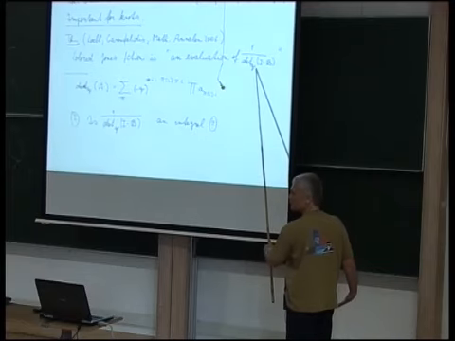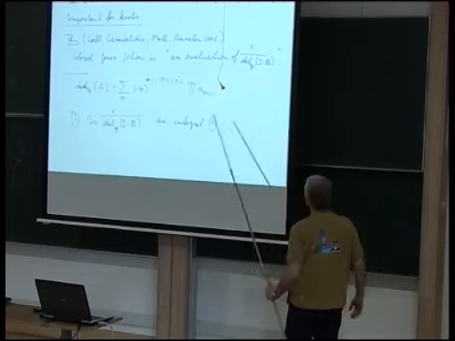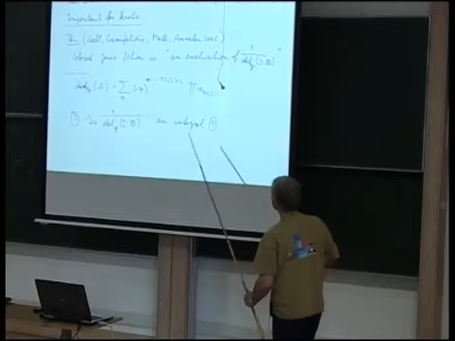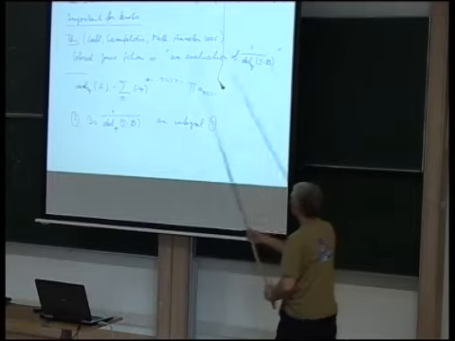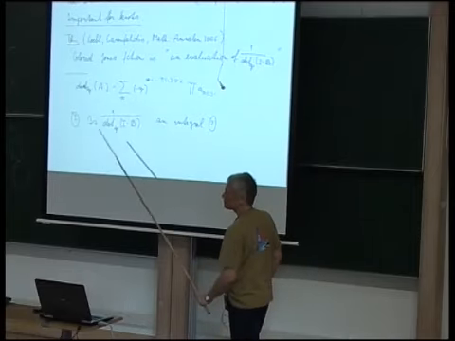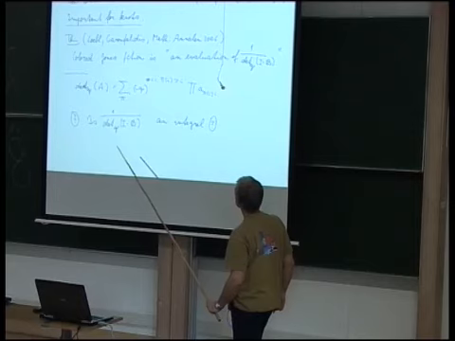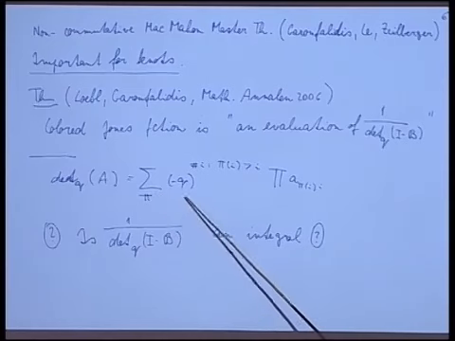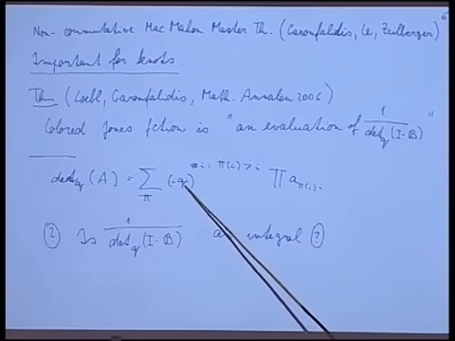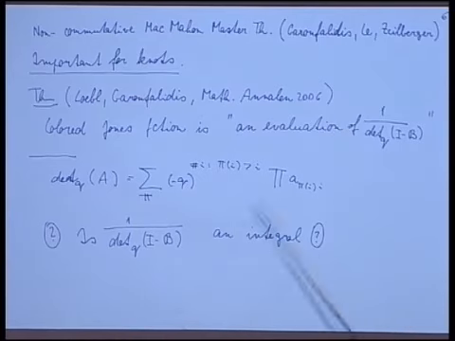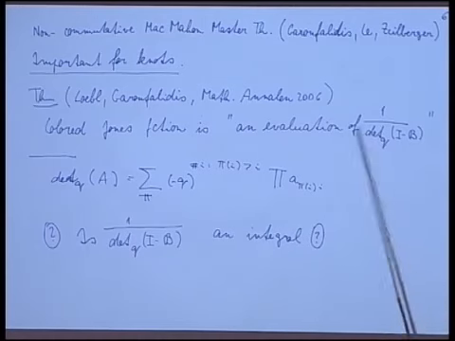For Q different than 1, it's not equal to the Q determinant, but it's close to it. For Q equal to -1 it is the permanent.